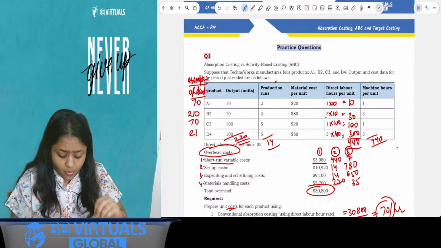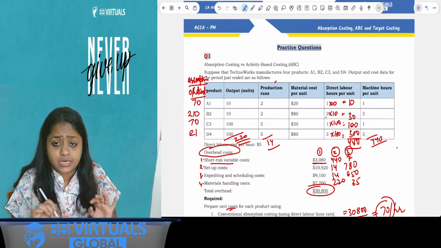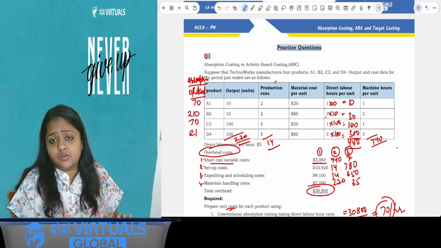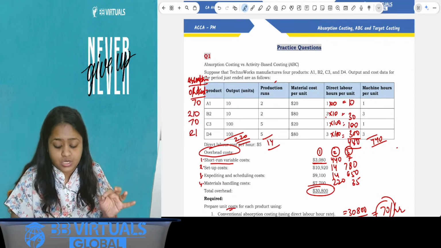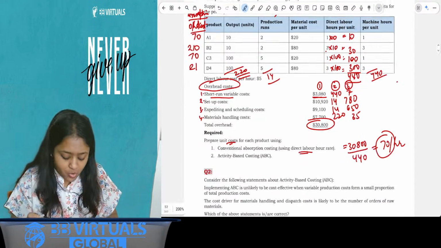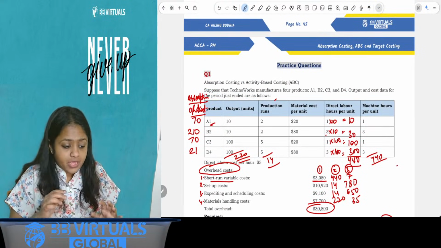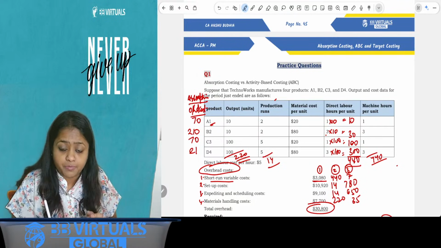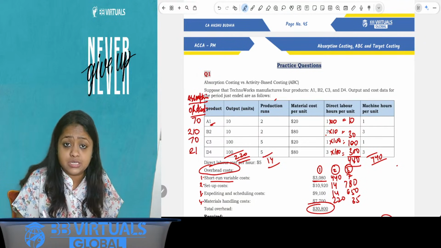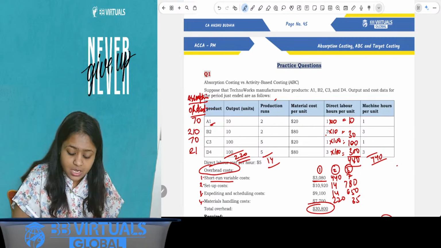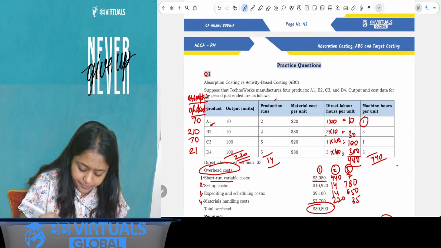Now the fourth step requires that you go to your product and allocate this overhead cost to the product based on how much cost driver they are using. So I'm just telling you orally that can be done. For example, if I'm taking product A1, then for short-term variable cost, we have done it on the basis of machine hours. For every unit, machine hours taken is 1, right?